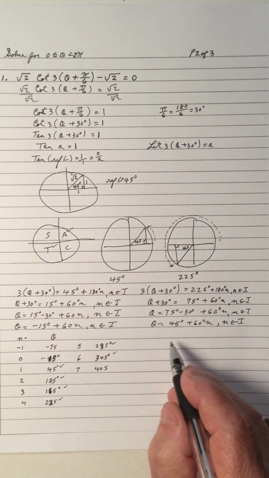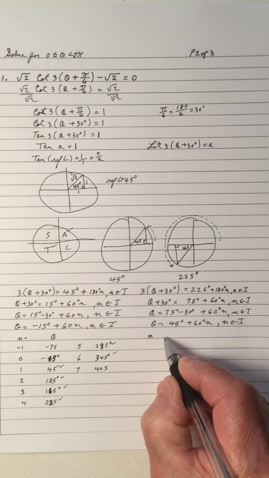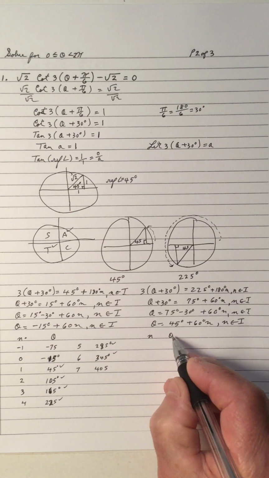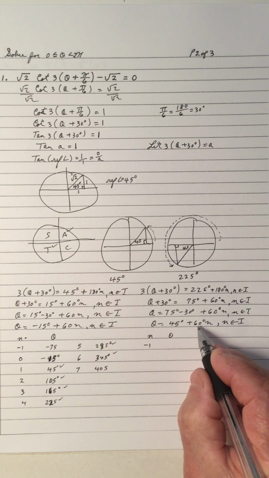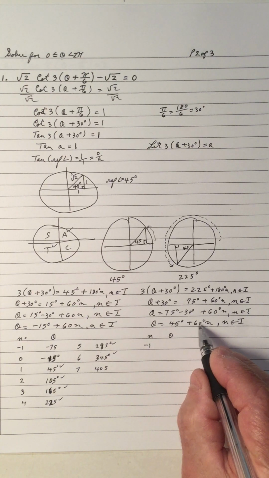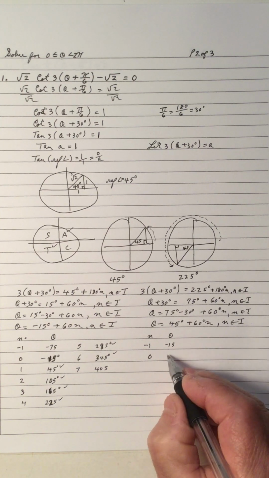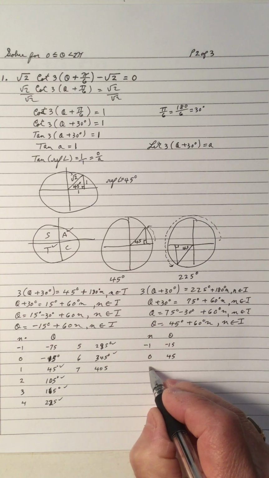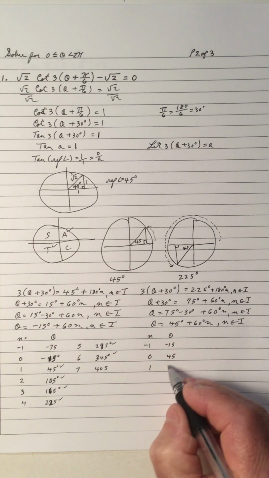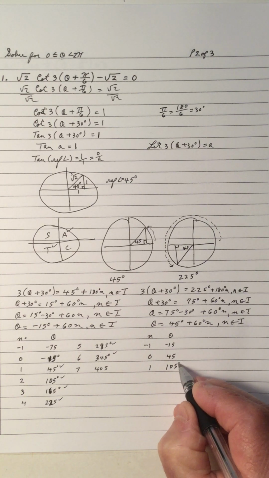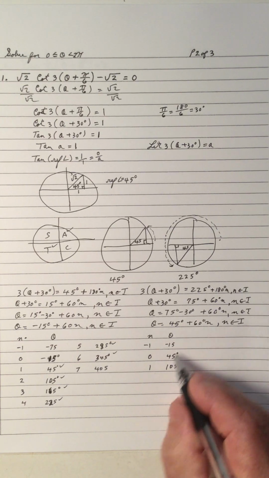And let's go over and try this one. We got an n, and we got theta. So again, what about a negative 1? We put a negative 1 here, we get negative 60, we get negative 15. We put a 0 here, we get 45. We put a 1, and we get 105. Again, I'm adding on 60 each time.